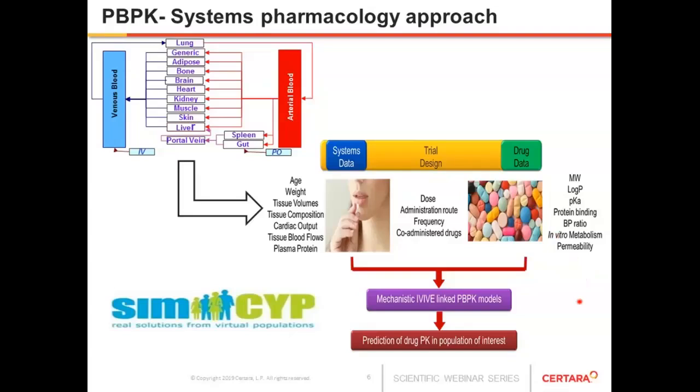By pulling together these two sets of information, given a specific trial design, in a mechanistic in vitro to in vivo extrapolation method, you can predict the PK of your drug of interest in the different populations. So because we're interested in ethinylestradiol, we needed to identify a lot of drug data needed to build the model for ethinylestradiol. And then using the population data that we already had, do predictions of that PK in women of different ages.